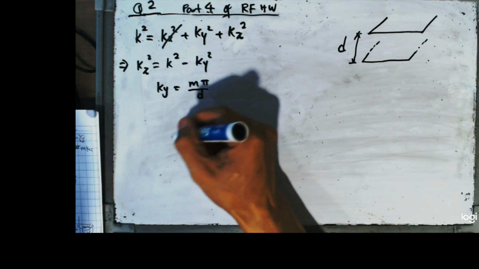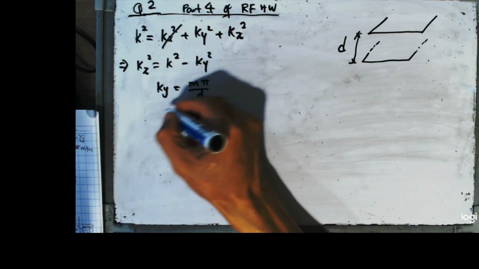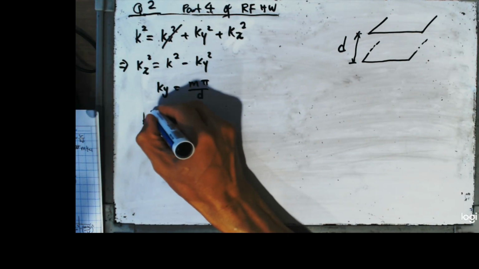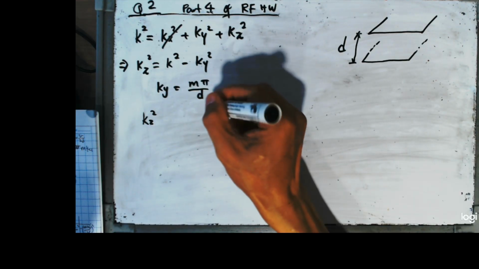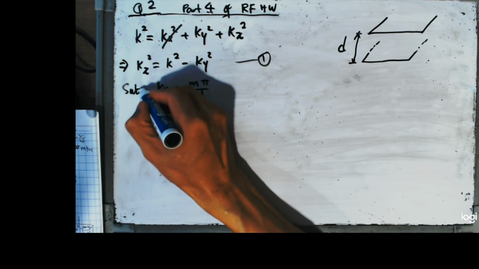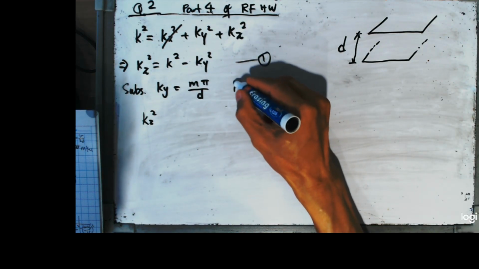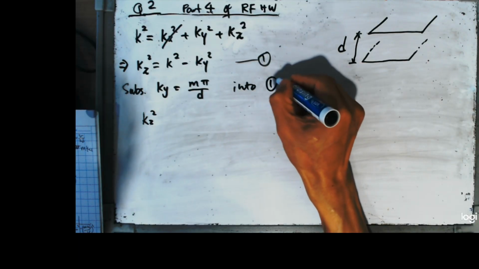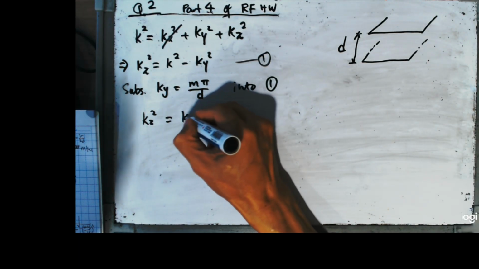So in this case, I can say kz squared, and we substitute this here into 1. Then we get this.